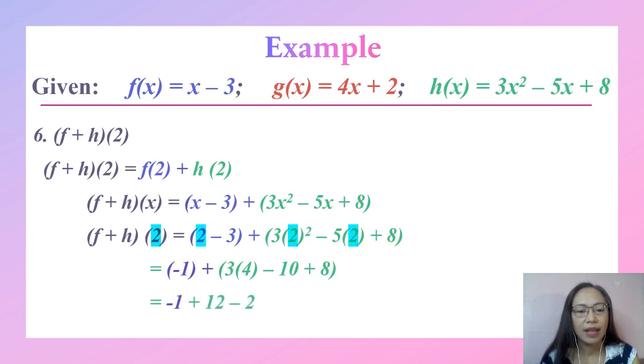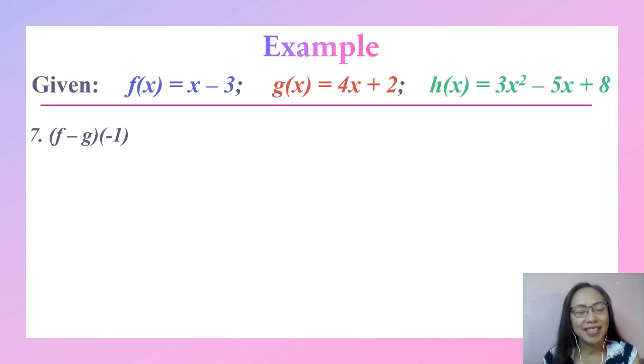Okay. And then we'll simplify. Negative 1 here is brought down. 3 times 4 is 12. And negative 10 plus 8 is, sorry, negative 2. Now combining all this, we have negative 1 plus 12, that's 11, minus 2, that is 9. Therefore, f plus h of 2 equals 9.